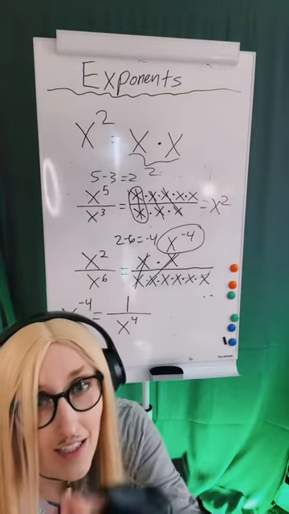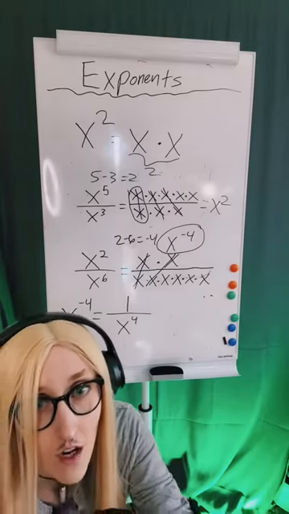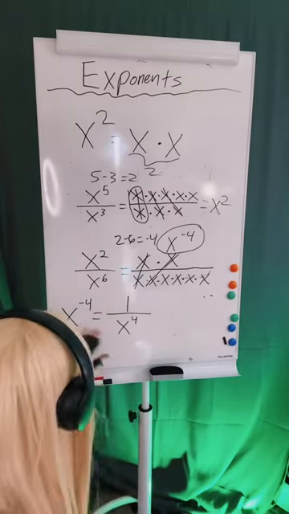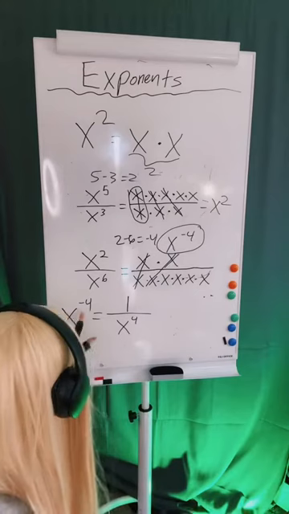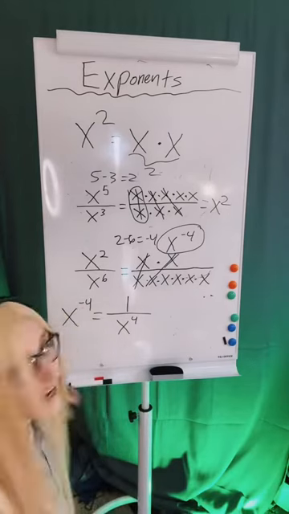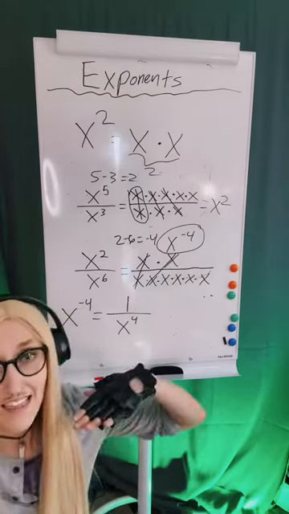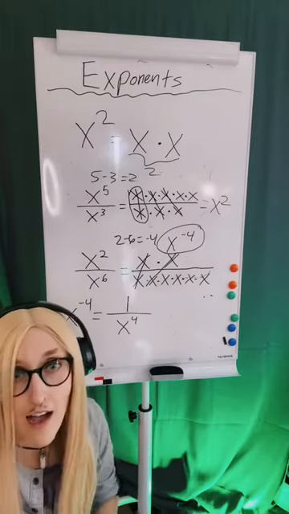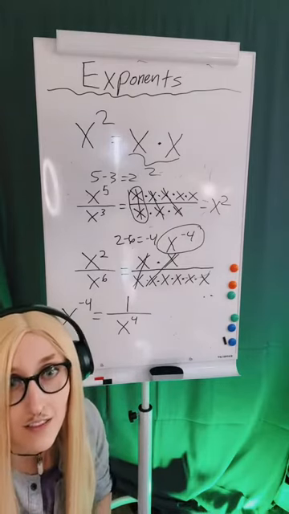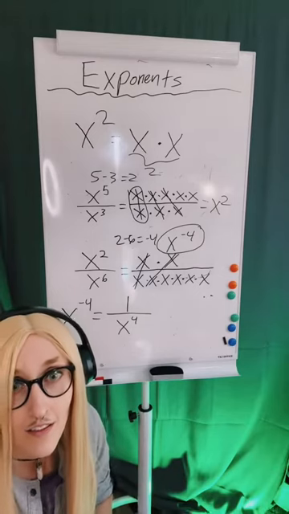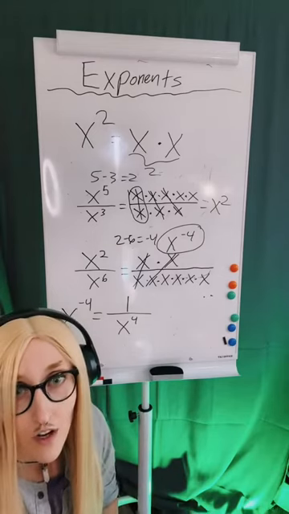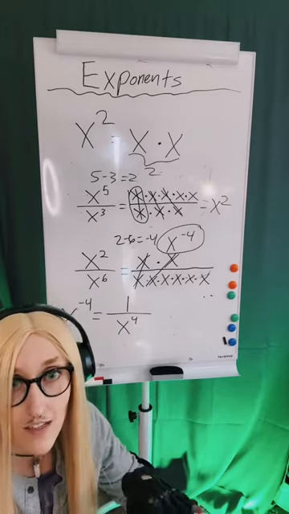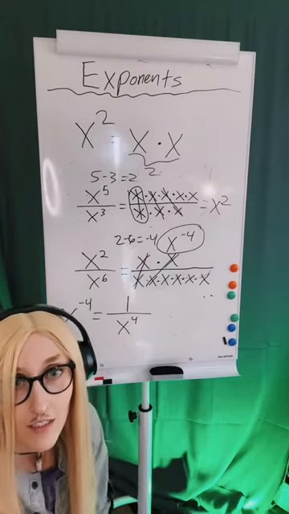So that's where we bring it to the bottom. If you have a negative in your exponent, you can eliminate that negative by just moving it to the other side of the fraction. You just move it downstairs and it becomes positive.